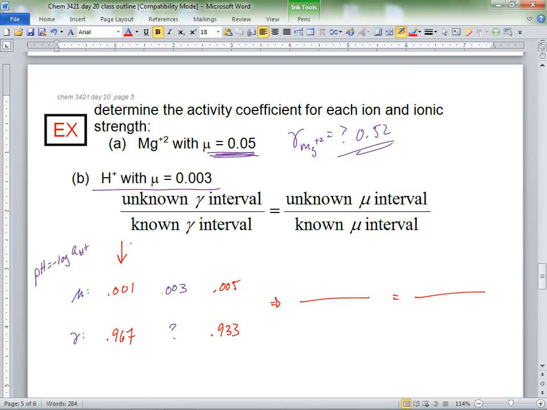So the unknown activity coefficient, 0.967 minus question mark. The known activity coefficient interval, there it is, 0.967 and 0.933. The unknown ionic strength interval, again I'll go from left to right, 0.001 minus 0.003. And the known ionic strength interval, 0.001 minus 0.005.